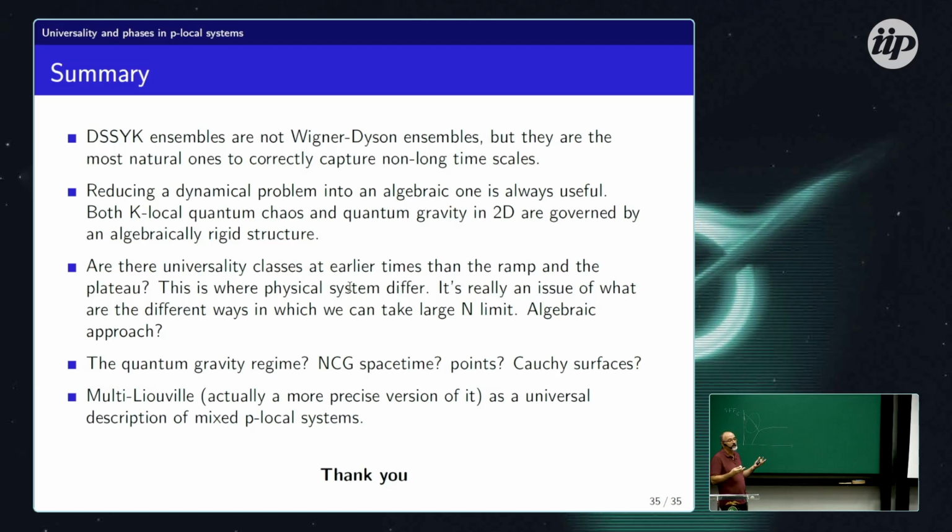But maybe there is some universal structure in this regime, which I claim is just a tiny bit more physical. So I think this is a challenging problem, which is why I'm interested in understanding how you take large N limits and their algebraic properties.